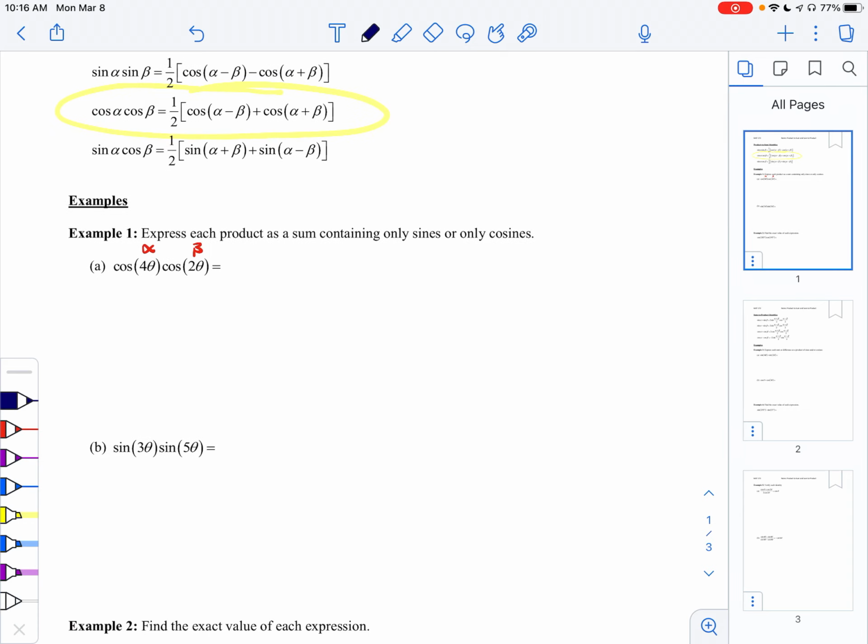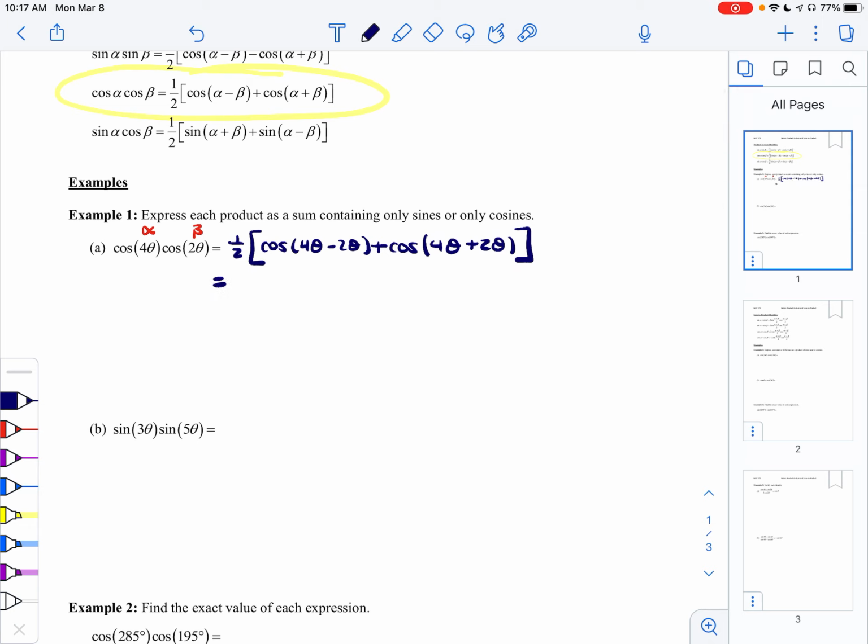If I substitute this into my formula here, we'll have 1/2 times cosine of 4 theta minus 2 theta plus cosine of 4 theta plus 2 theta.